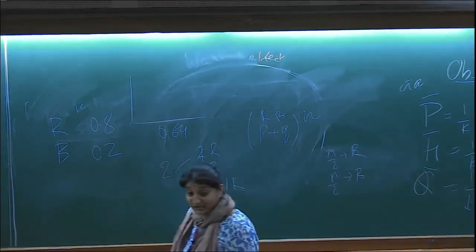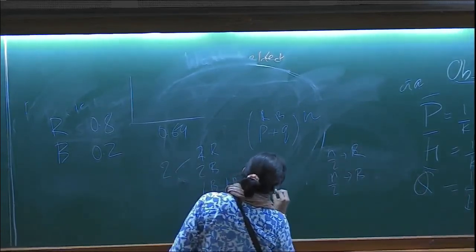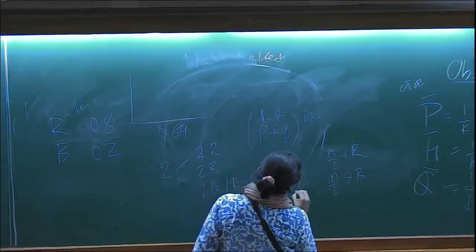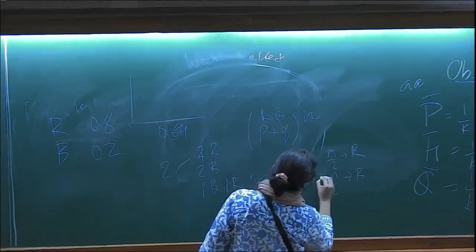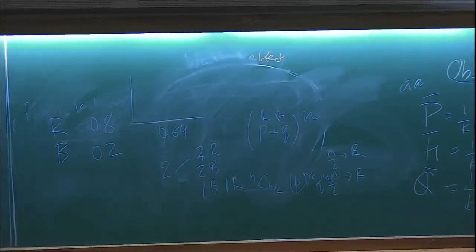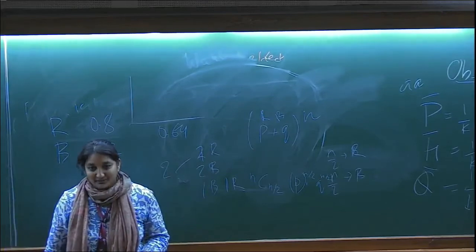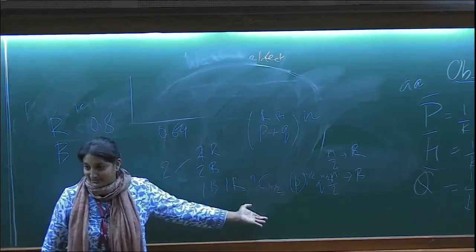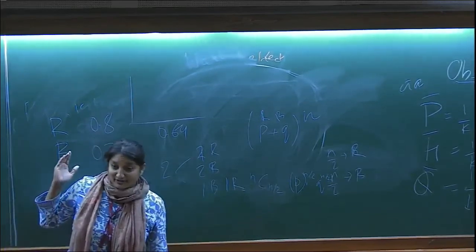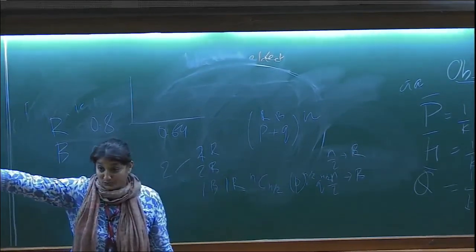N choose N by 2, P to the N by 2, Q to the N by 2. Remember this? From way back in 9th or 10th standard. So if you do 50 trials, some of the times you will get this. Other times you will get 49, 51. Other times you will get 2 and 98 also.